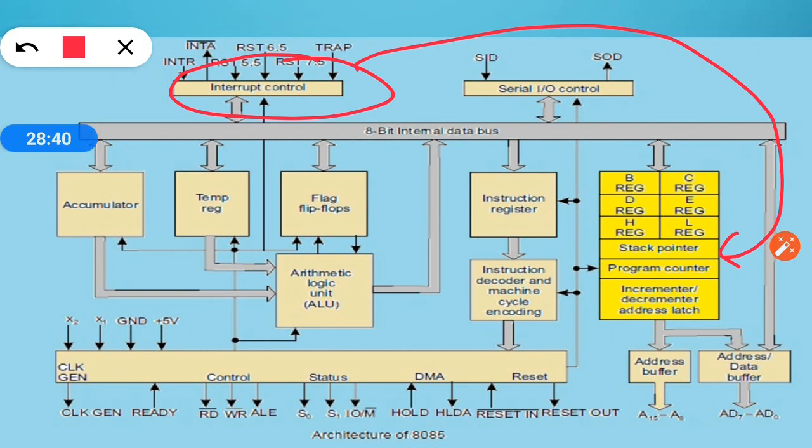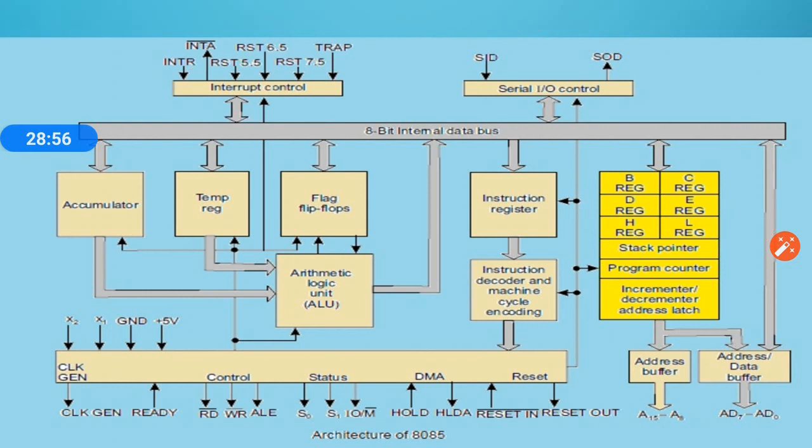If I explain everything, the microprocessor block diagram has so many things that it would become a 2 hour lecture, which I am not going to take, as our idea is to clear basic concepts. Whenever I get time, and you also get time, you can ask me at any time, and I will clear your concepts regarding the remaining blocks.